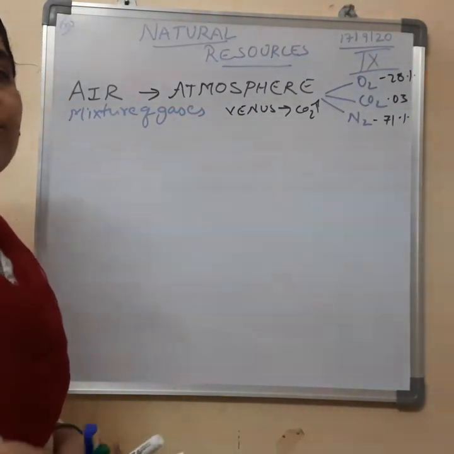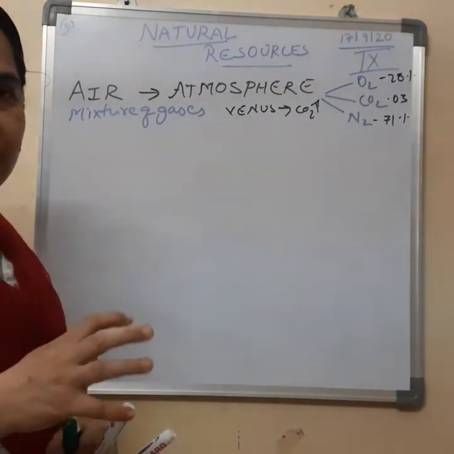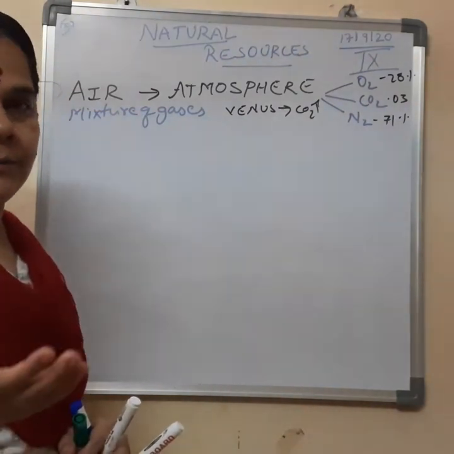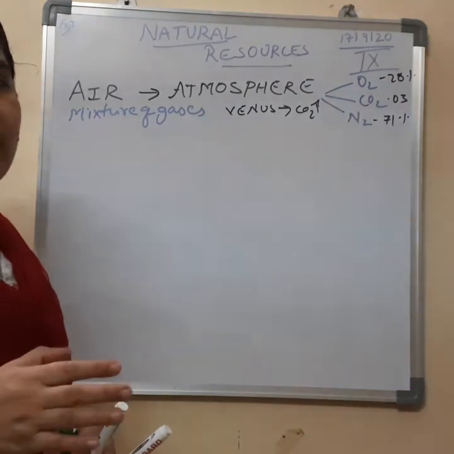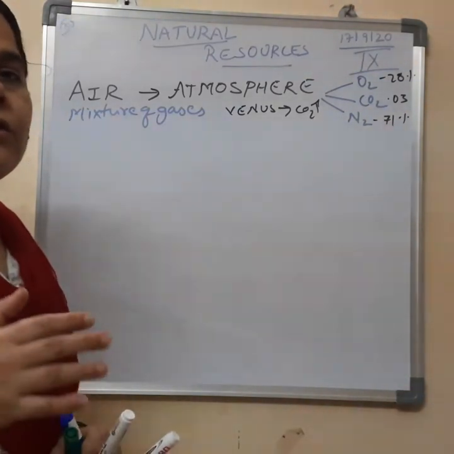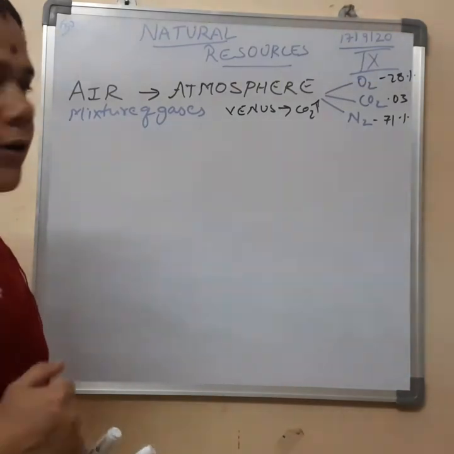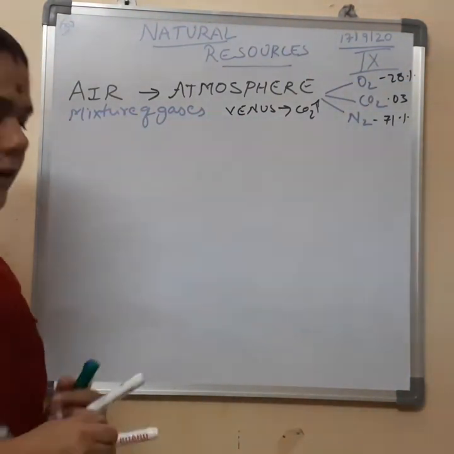The reason is because there is no carbon dioxide which can trap the heat. Am I clear? So thereby, in the daytime when sunlight is there, the temperature rises very high, and at night time what will happen? The temperature goes down due to absence of the carbon dioxide. Similarly, Venus as well. Venus is also the same condition.